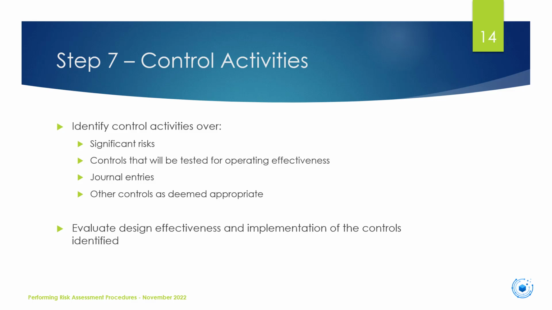We are only required to identify control activities over those risks we assessed as significant risks, controls that we are intending to test for operating effectiveness, controls over journal entries, and other controls that you may deem to be appropriate in the circumstances. So this may include controls over risks that have a high inherent risk, but not assessed as significant, or any other controls to meet the objectives of the standard.